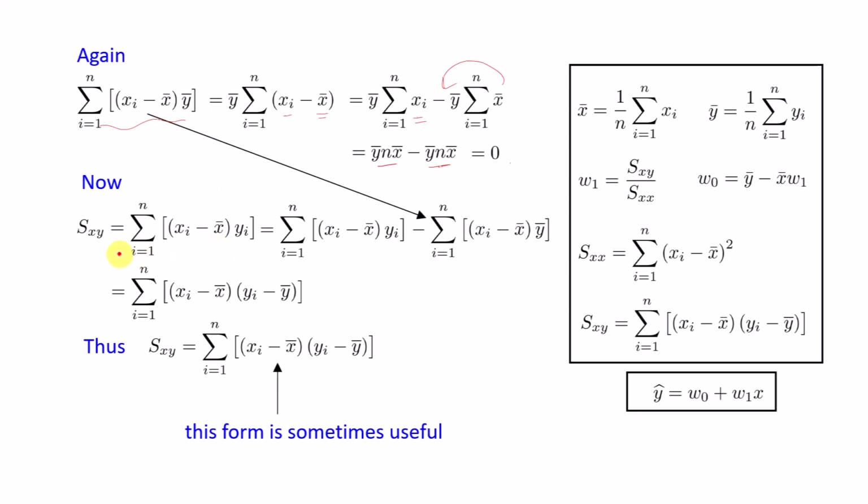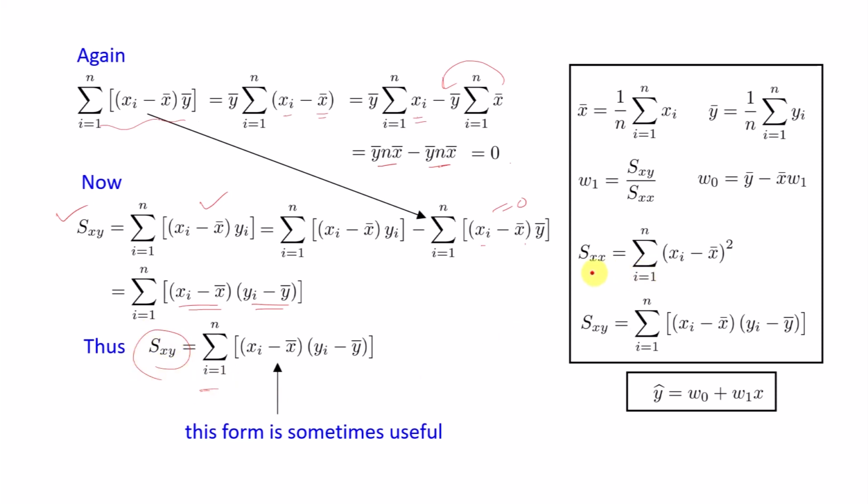Therefore, Sxy, I have already defined Sxy like this. I can write exactly this term, xi minus x bar yi, and minus xi minus x bar y bar, because this term is 0 anyway. So there is no problem putting it up here. Then this xi minus x bar I can take, and this is xi minus x bar, yi minus y bar, and this is the way I write a new form of Sxy.